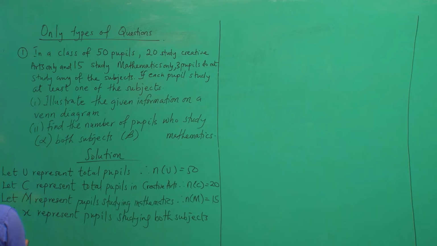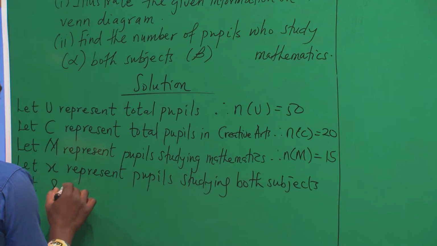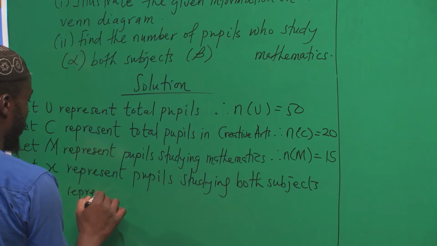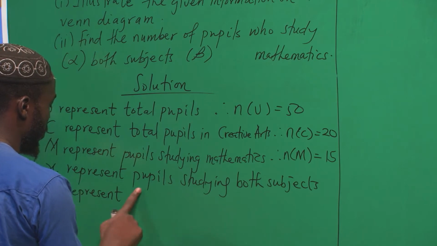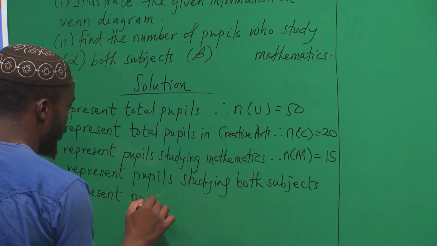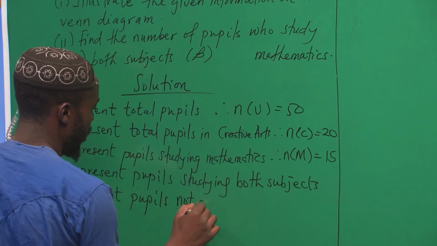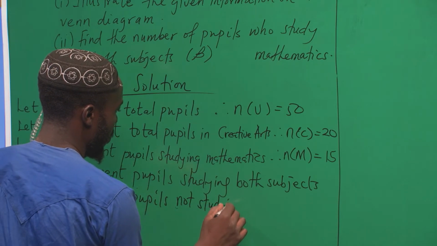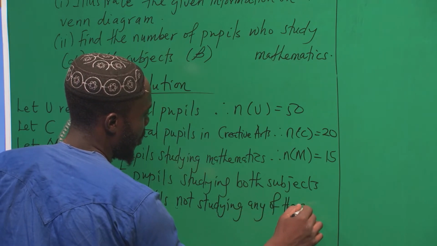Then let 8 represent pupils not studying any of the subjects.